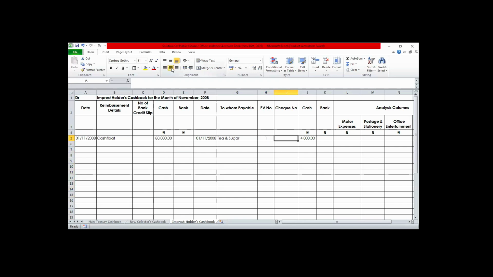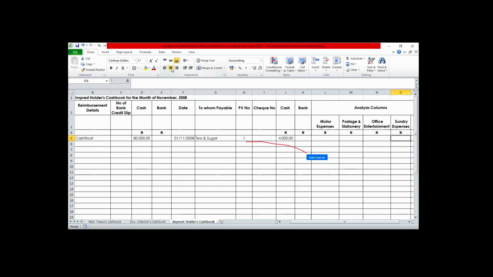Now that tea and sugar should appear under what of the analysis column? Under sundry expenses, under Office entertainment. Office entertainment, sir.